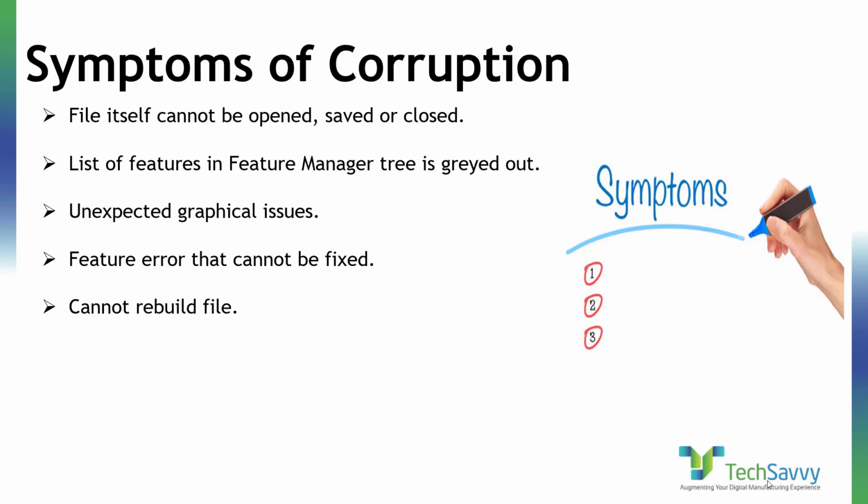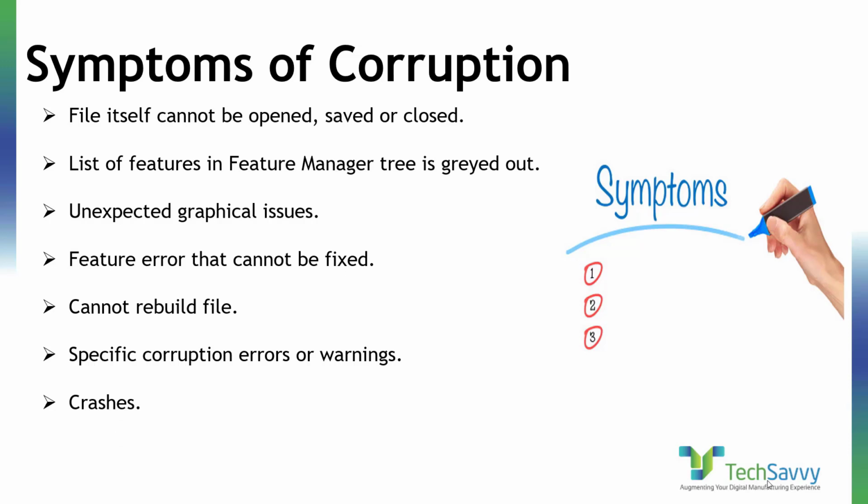If you are unable to rebuild your file, if you are working on a file and it is not getting rebuilt, then this is also a symptom of file corruption. Specific corruptions, yellow error or warning: if you are getting any warning or error in a specific file, this is also a symptom of corruption.